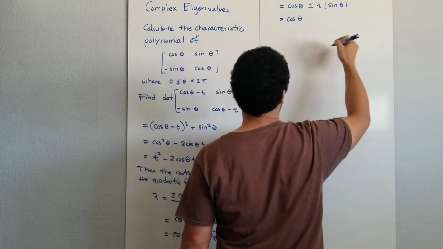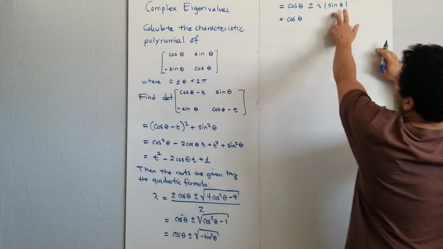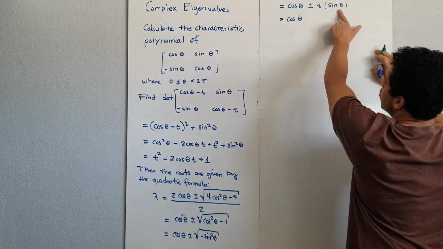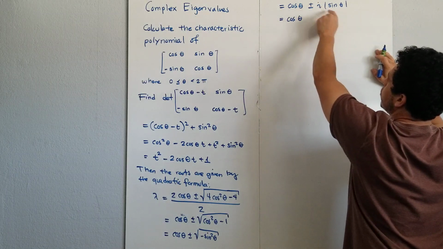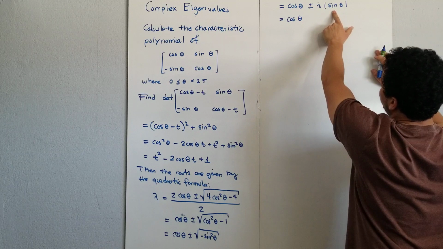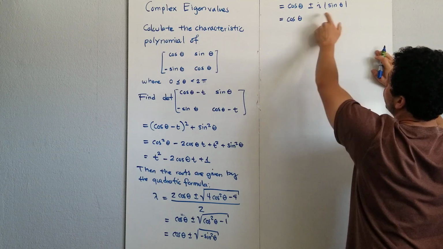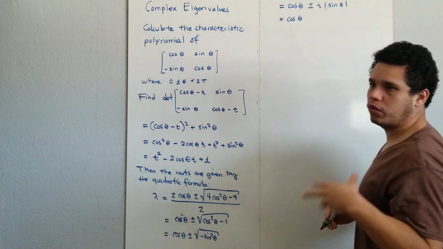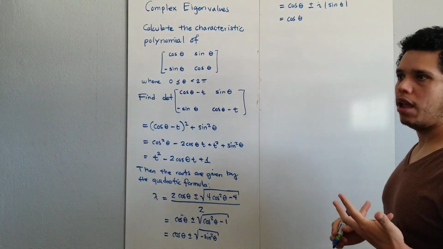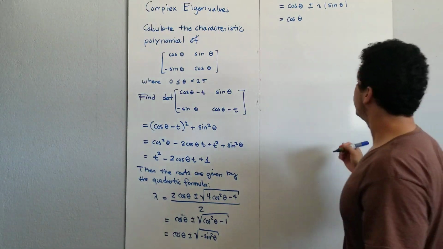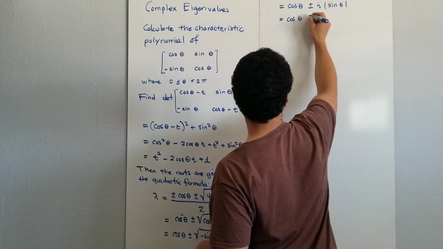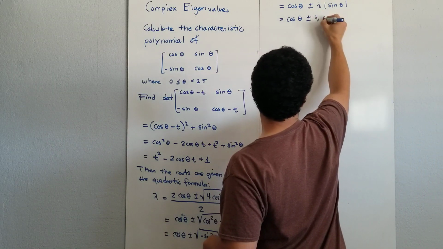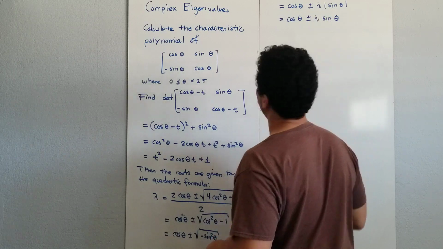It's not bad to be safe. You know why? If sine of theta is positive, I will have the plus minus i here. If sine is negative, I will have minus plus in this situation. So it still accounts for the two eigenvalues associated here. So I will have plus minus i sine of theta, either way.